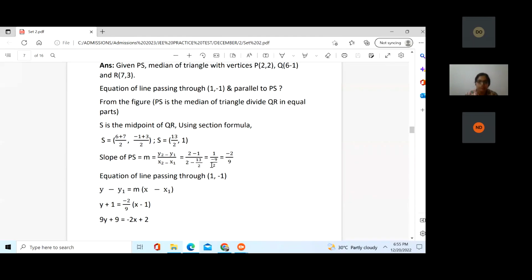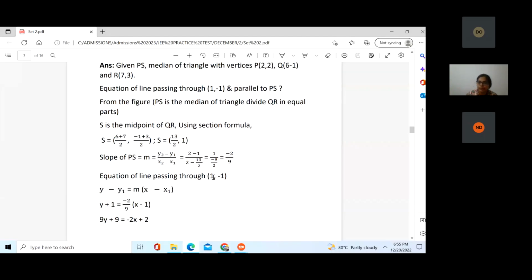Once I have the slope, I know the equation. It is y minus y1 is equal to m into (x minus x1). I know all the values. This is 1, this is minus 1. So y minus minus 1 will be y plus 1. I have found the slope, it is minus 2 by 9. So this will be minus 2 by 9 into (x minus 1).